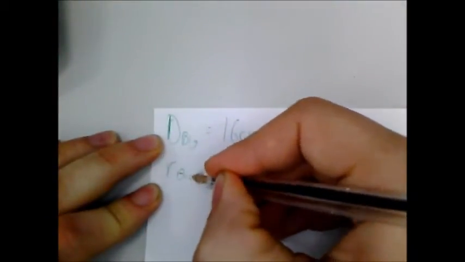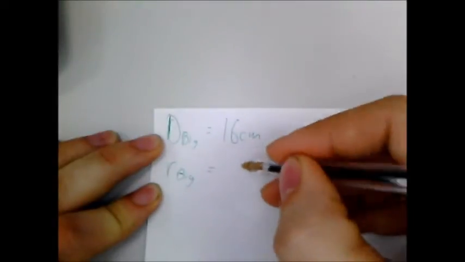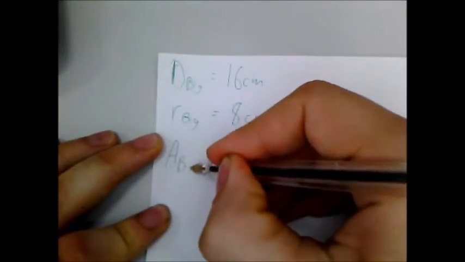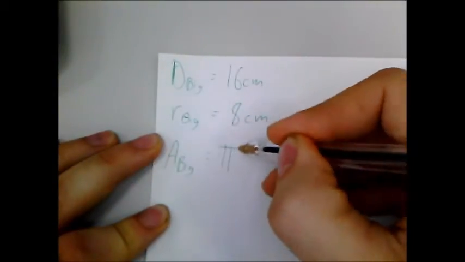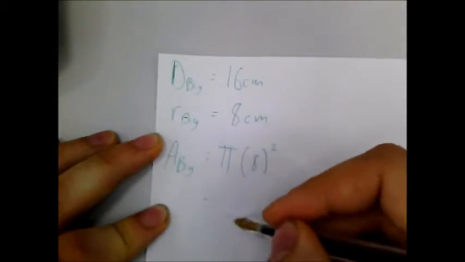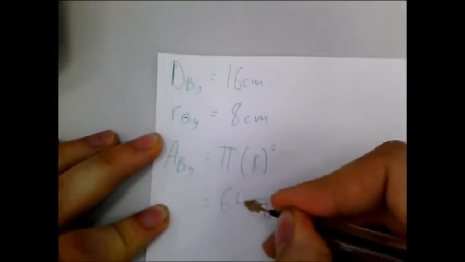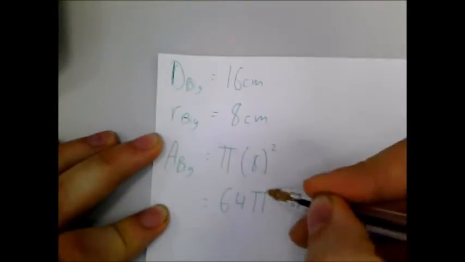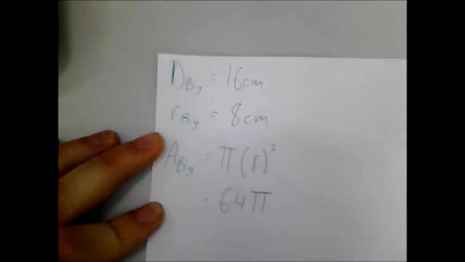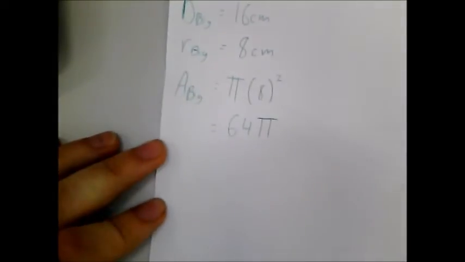Therefore the radius of the big circle, which is what we're going to need for the area, is 8 centimeters. So the area of the big circle is pi r squared, and this gives us an area of 64 pi. And I'm going to leave it like this for now, because this isn't our final answer, so I don't want to round this yet.